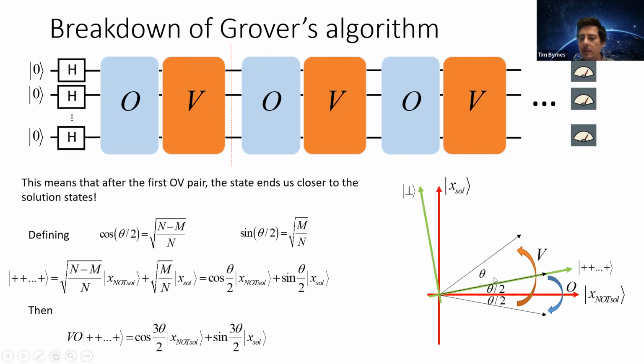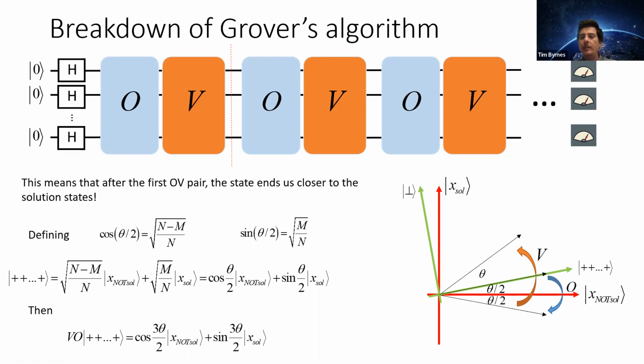And this time, it ends up being closer to the x sol than it started with. So basically, this pair of operations, O and then V, will swing this vector closer to this x sol vector than it was initially.